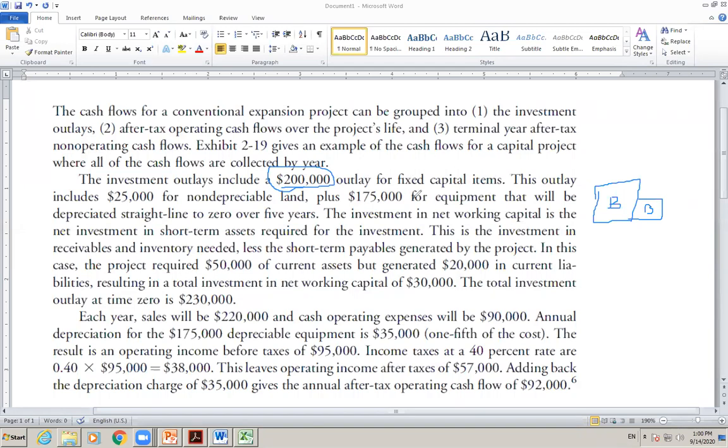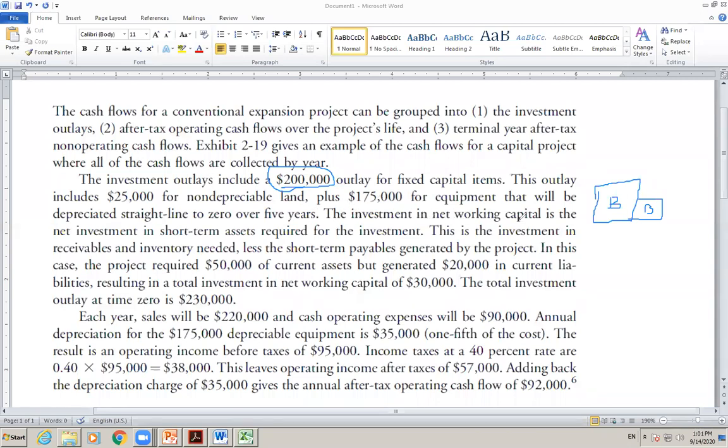So our investment expenditure is 200,000, and the outlay includes 25,000 for non-depreciable land plus 175,000 for equipment that will be depreciated straight line to zero over 5 years. So the summation of 25 and 175 makes 200,000, and it's straight-line depreciation to zero over the 5 years. So the project life is 5 years.